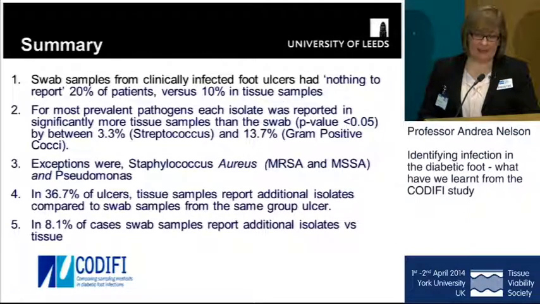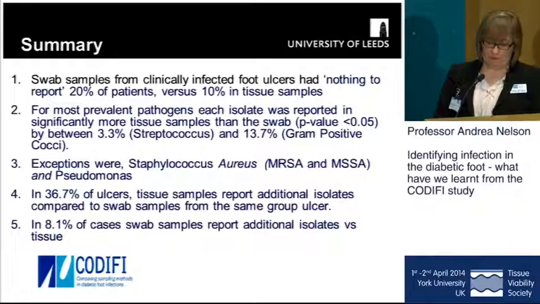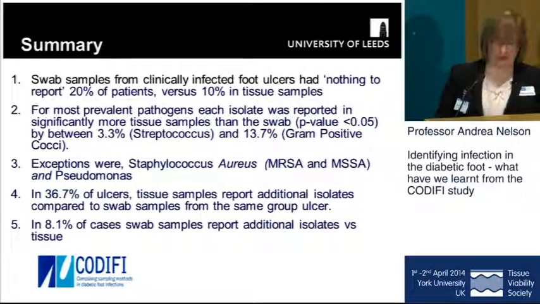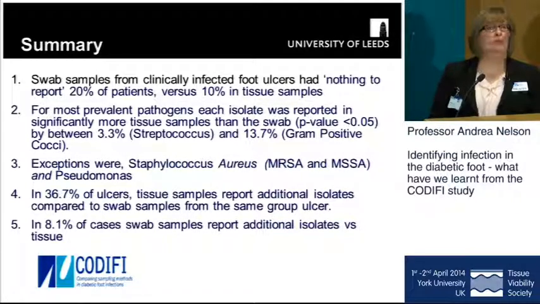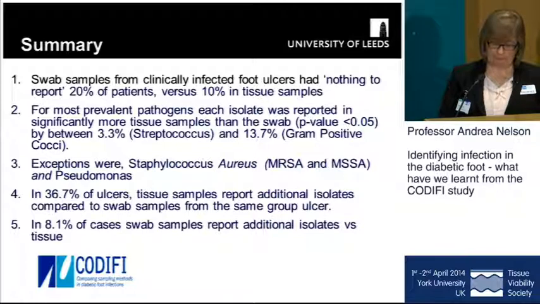So to summarise, swab samples from clinically infected foot ulcers had nothing to declare in 1 in 5 patients' swabs, compared with 1 in 10 patients whose wound flora was summarised using tissue samples.